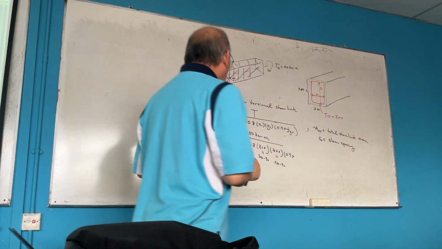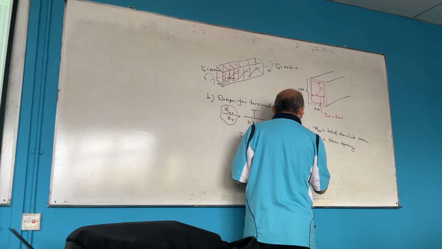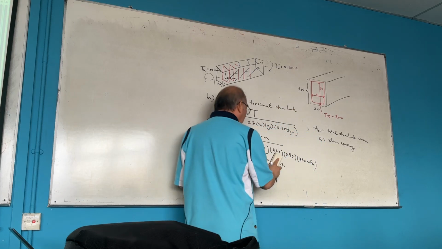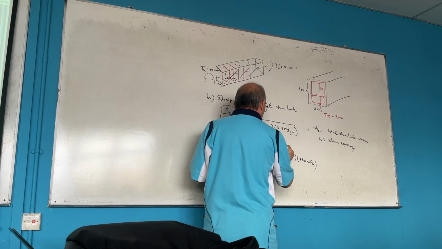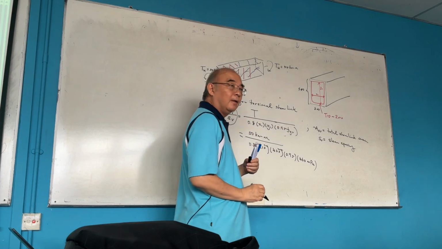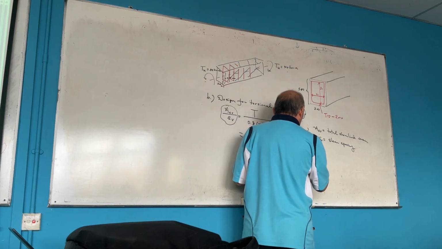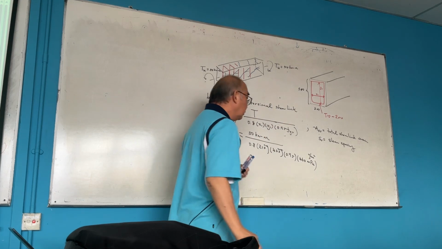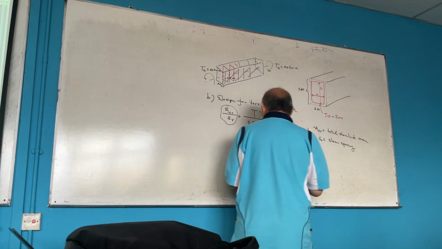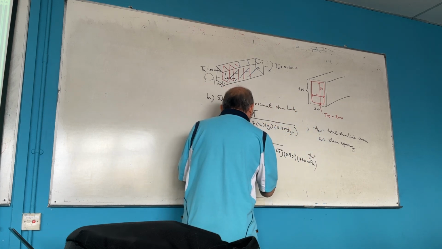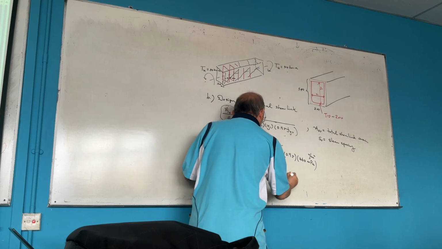So here is 0.95 times 460 MPa, and this is equal to Newton per millimeter square. So now I need to convert this to Newton millimeter. Again, same thing, here I need 50 times 10 to the 6 Newton millimeter.